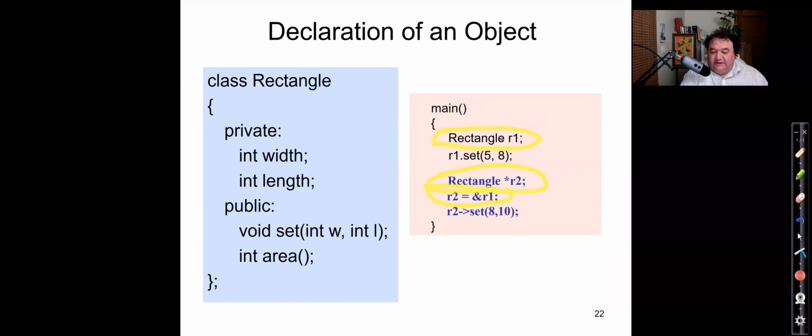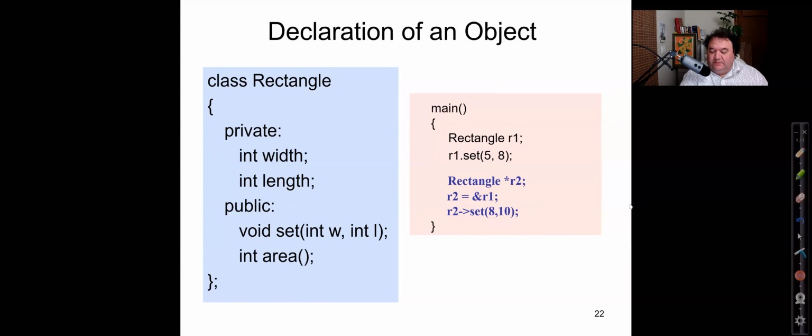So here you see all the things that work on fundamental types work on classes. R2 is a pointer to R1. And so here we can call the same methods, but we have to go through the arrow instead of the dot, as we saw in the previous lecture.